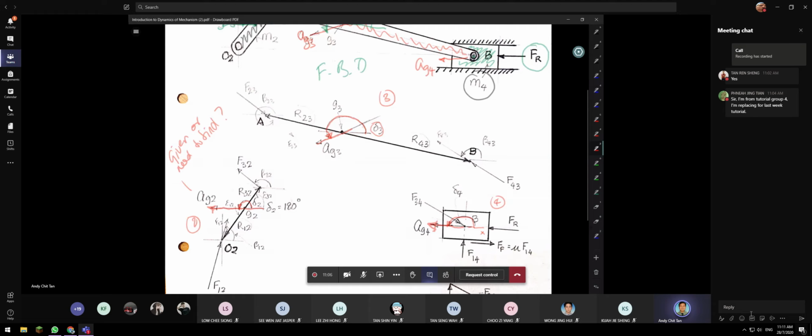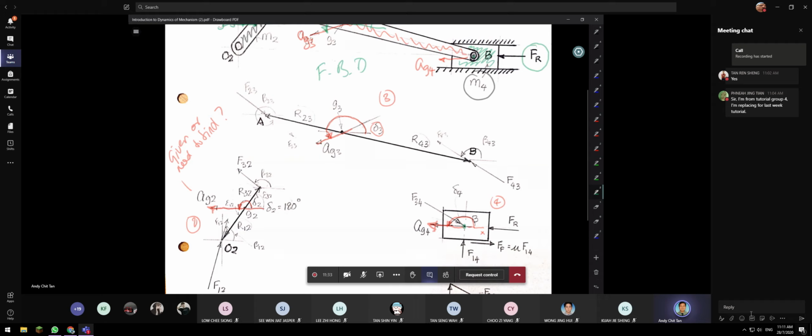Now your second step is to locate the distance from your center of gravity to a point. In this case, link number 4 has only one point, B. Link number 3 has B and also A, AB.